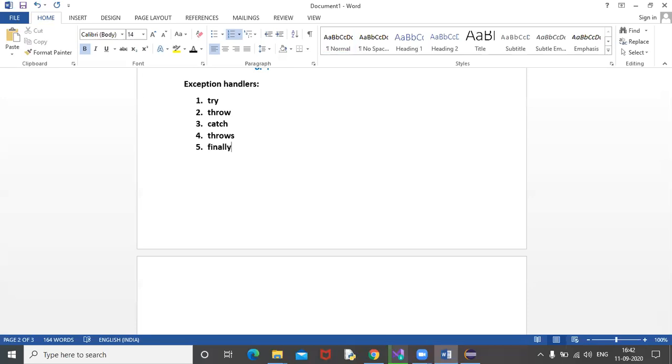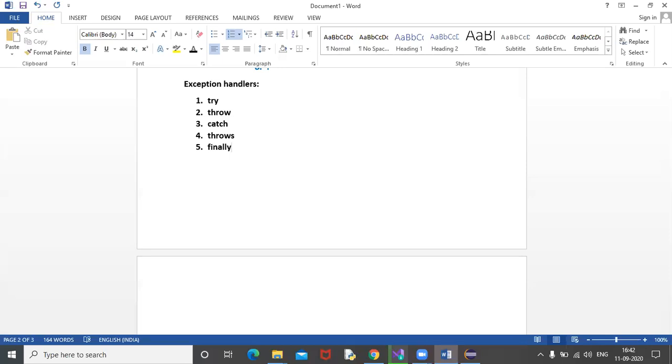These are the exception handlers available in Java. In C++, these many are not there, I think 3 to 4; throws is not there. Try, throw, catch, throws, and finally, these are the exception handlers. We should study each of them.